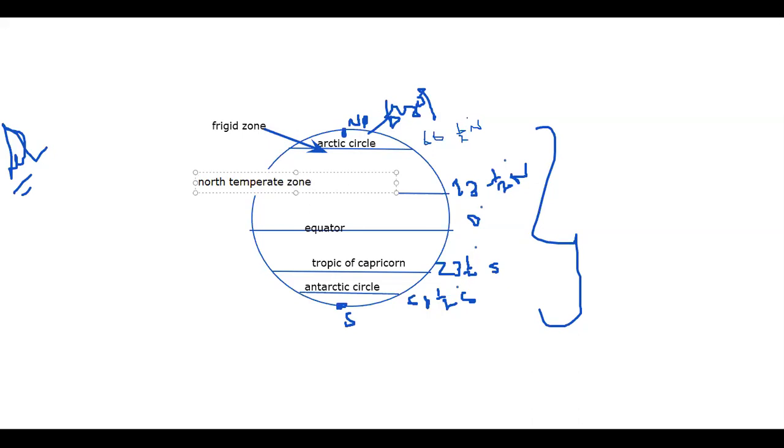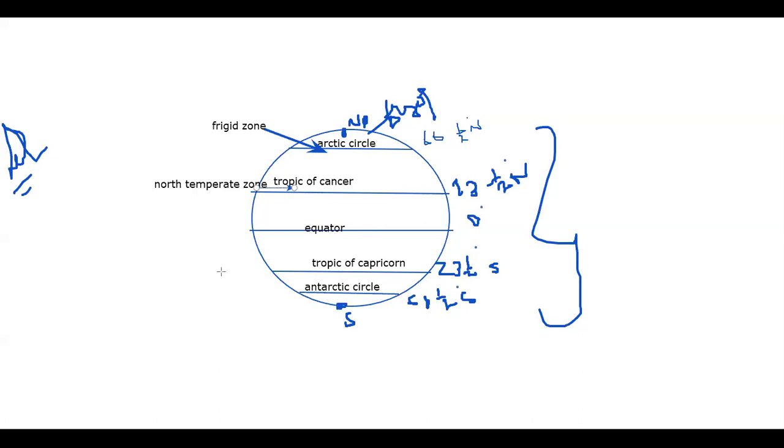The North Temperate Zone. Alright? My North Temperate Zone is this. Then any guesses for the next one?